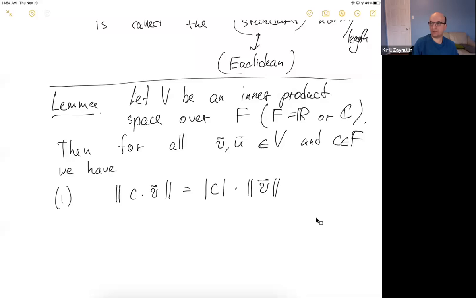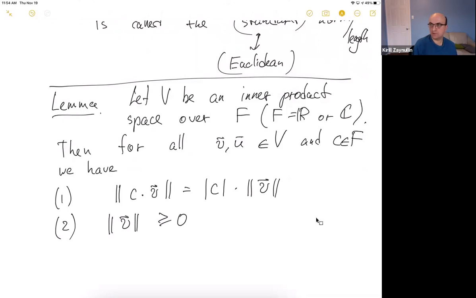It depends on whether you are in the real or complex numbers. Over the real numbers it is the usual absolute value, and over complex numbers it is the square root of the sum of squares of coordinates. Second, the norm of v is always greater or equal than 0.